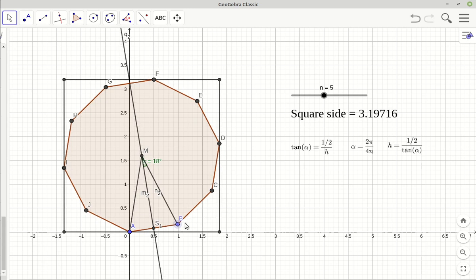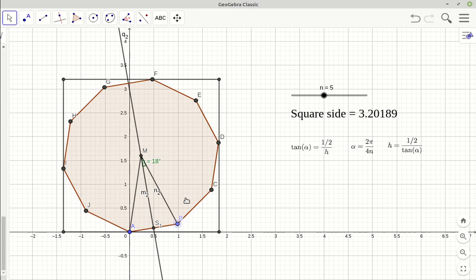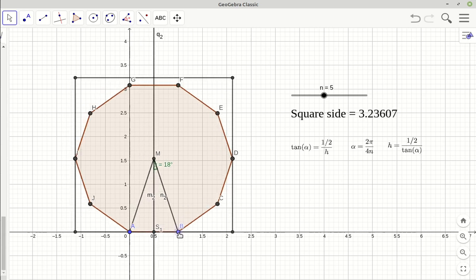And then it starts growing again, and it's important to understand what is this moment that we need to fix in order to start the computations. So it's not when AB is parallel to the x-axis.